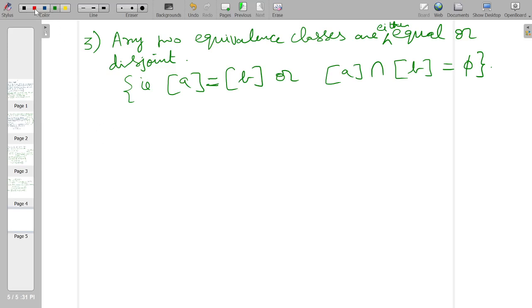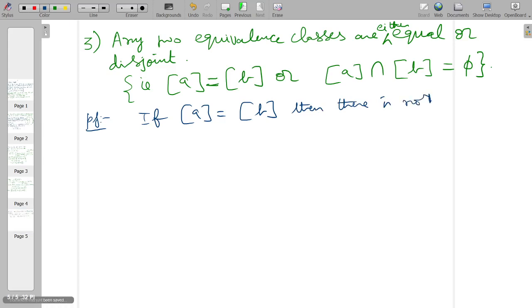Now how do we prove this? Proof for this: if equivalence class of A is equal to equivalence class of B, then there is nothing to prove. So if they are equal, then there is nothing to be proved.